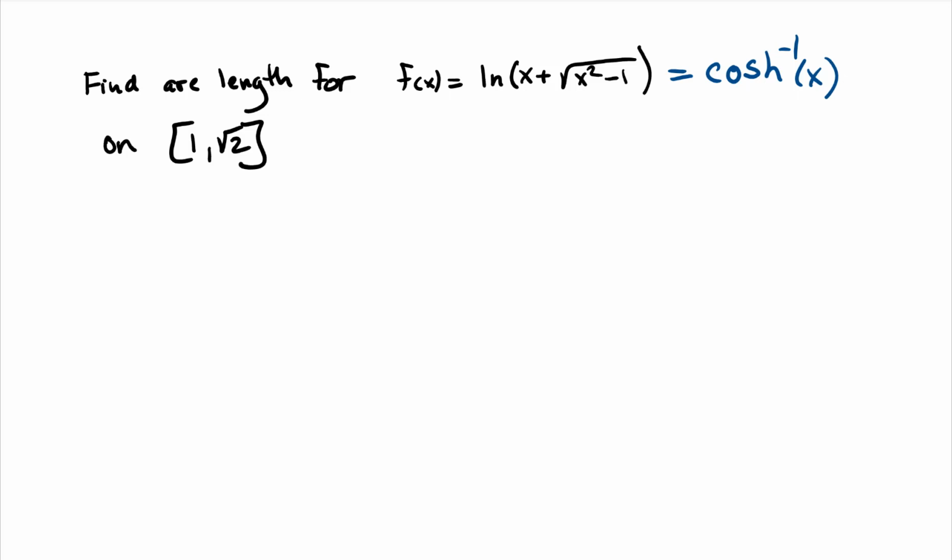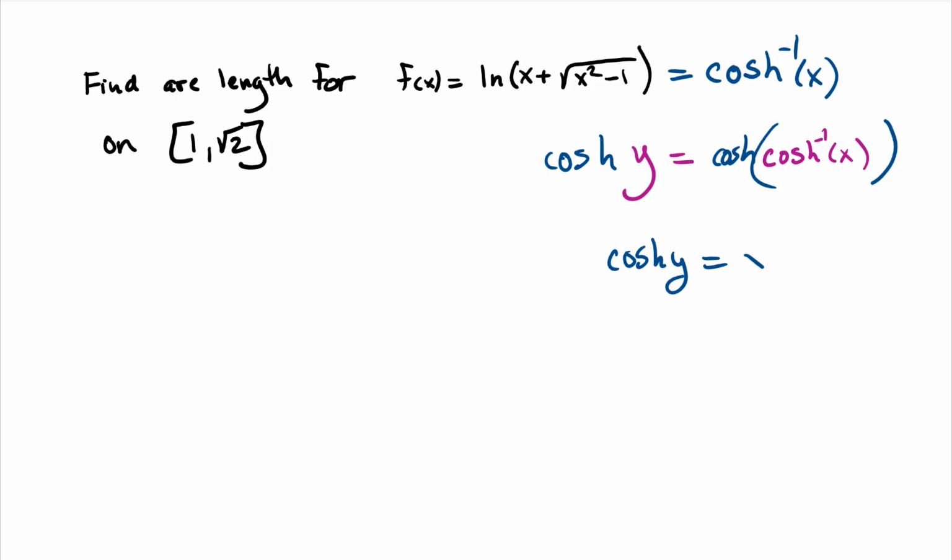So possibly, we could just do a little trick. We could say y is equal to inverse hyperbolic cosine of x. That's why we call it cosh, because it ends up being a lot of talking. Let's solve for this so we get x equals. Since it's cosh inverse, hit it with a cosh on both sides. And then we end up with hyperbolic cosine of y is equal to x.